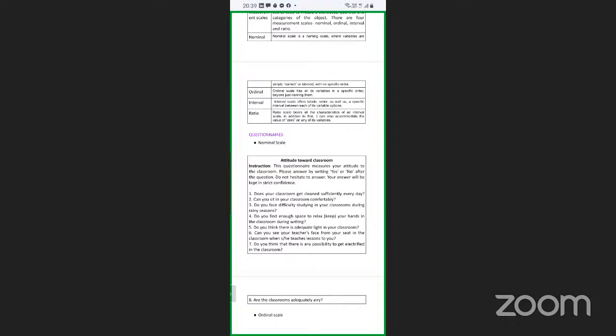Okay, next, Farah. Yes, sir. First, does your classroom get cleaned sufficiently every day? Second, can you sit in your classroom comfortably? Third, do you face difficulty studying in your classroom during rainy season? Fourth, do you find enough space to keep your hands in the classroom during writing?